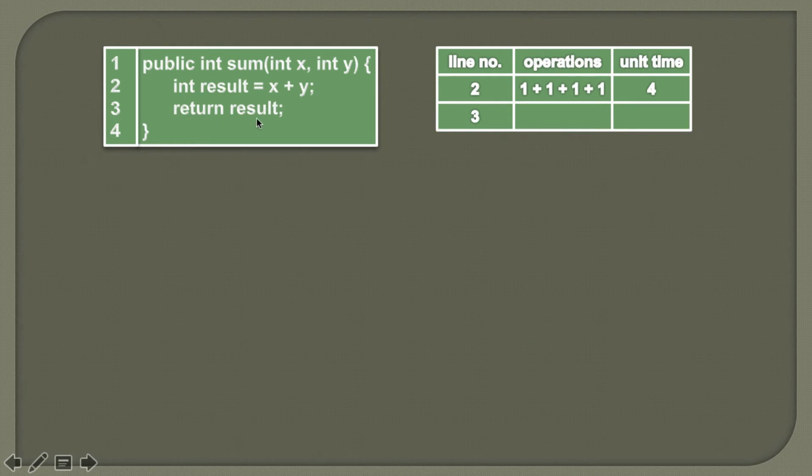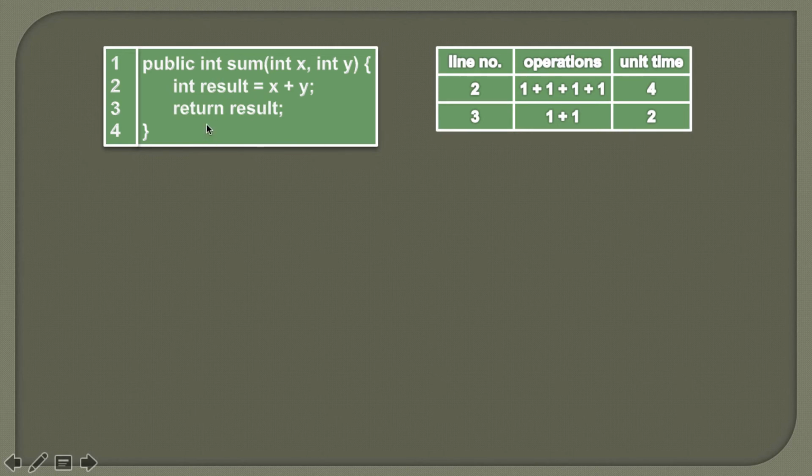Now let's see line number 3. Here we are accessing the result, so it will be one operation. And then we are returning the result, so it would be the other operation. So there are a total of 2 operations. And we know that when we are accessing a variable and when we are returning, we provide 1 unit of time to each operation. So in total it will take 2 units of time.